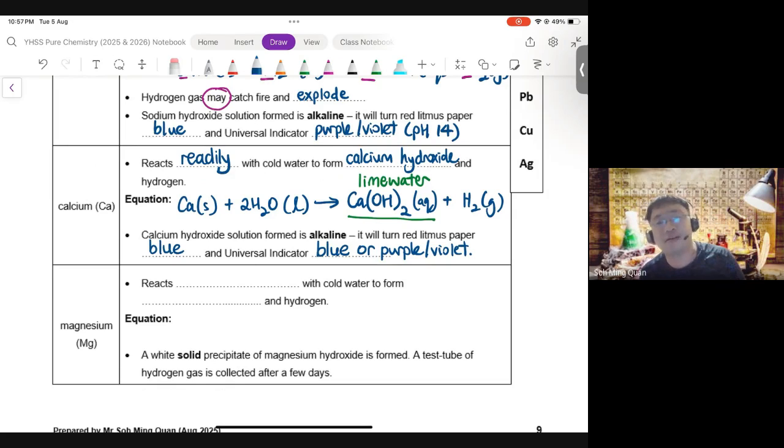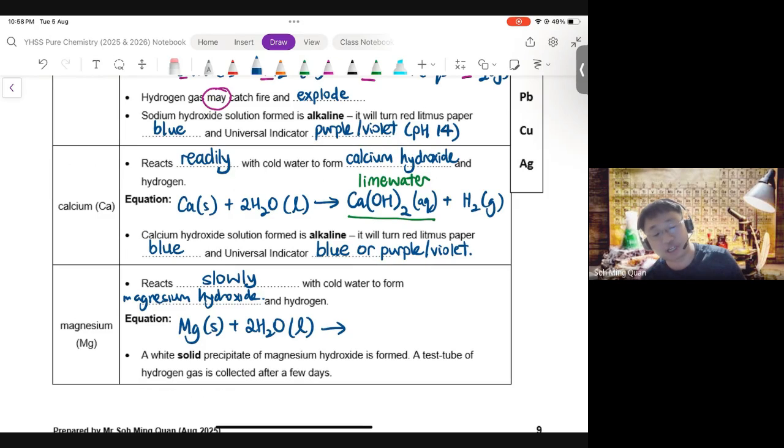So magnesium is 1 position below calcium in the reactivity series. This means that magnesium is even less reactive than calcium. So magnesium reacts slowly with cold water and it forms again magnesium hydroxide. And the key thing here is the magnesium hydroxide that's formed is actually a solid.